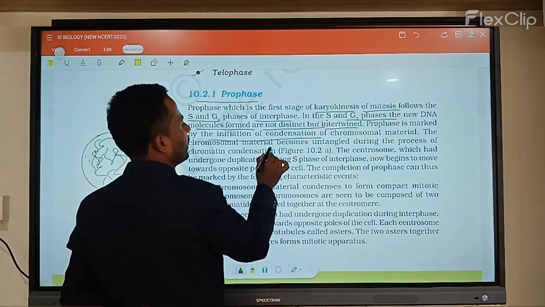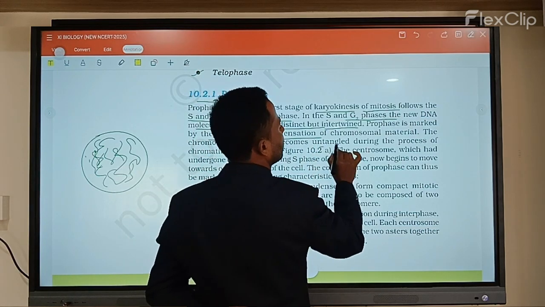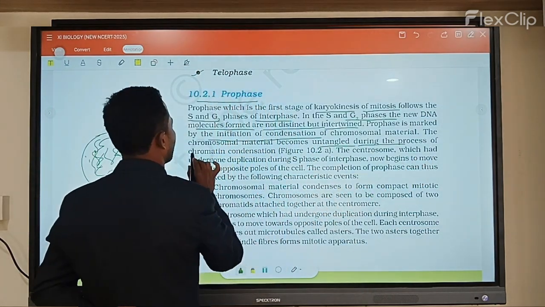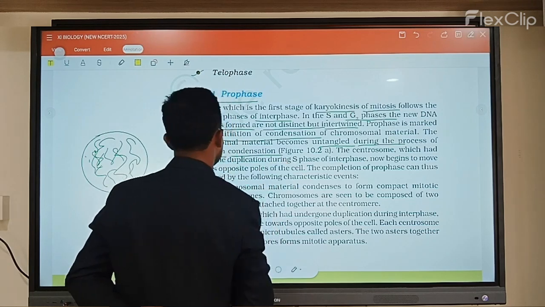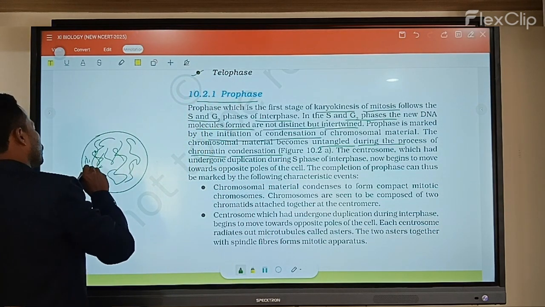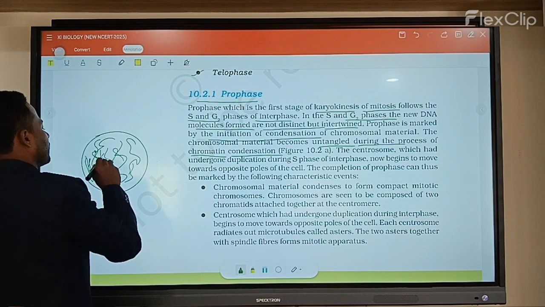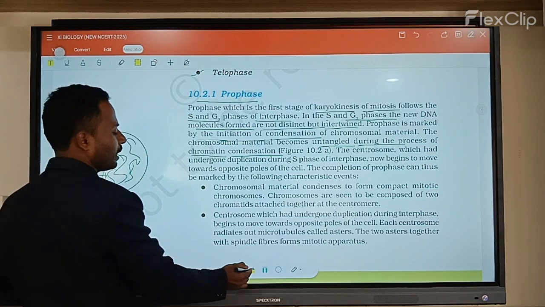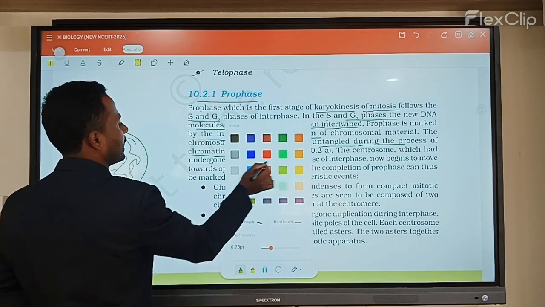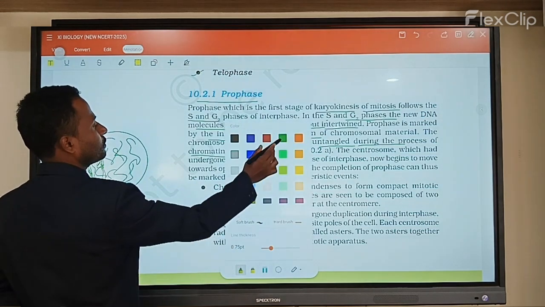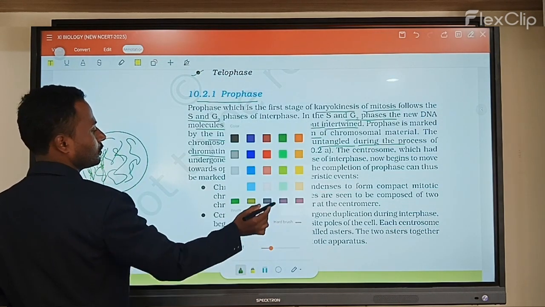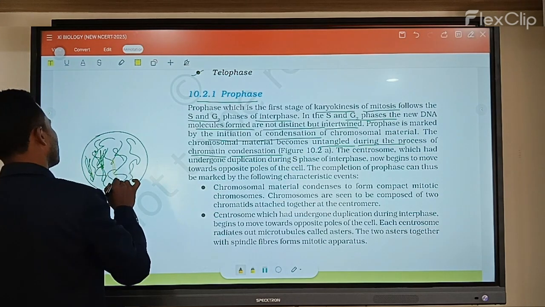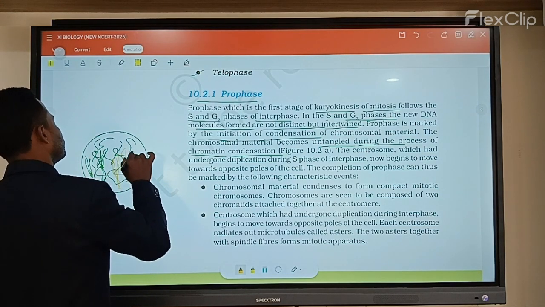The chromosomal material becomes individually visible as the chromatin condenses.